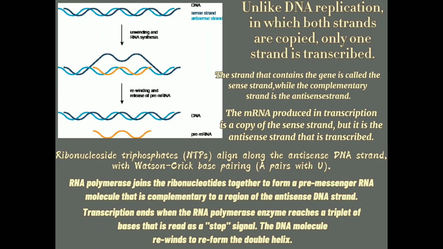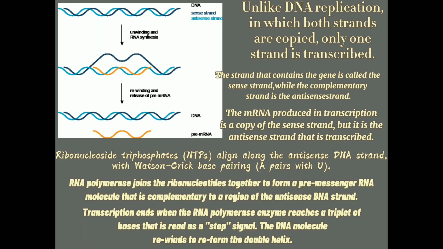Unlike DNA replication, in which both strands are copied, only one strand is transcribed. The strand that contains the gene is called the sense strand, while the complementary strand is the antisense strand. The mRNA produced in transcription is a copy of the sense strand, but it is the antisense strand that is transcribed.